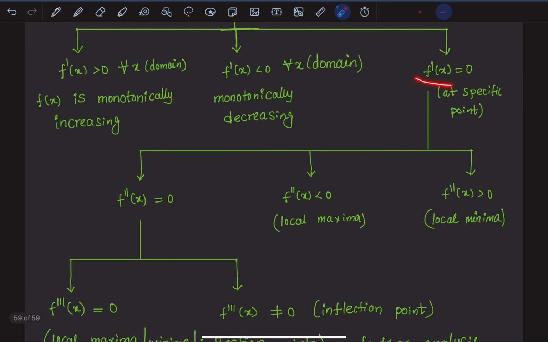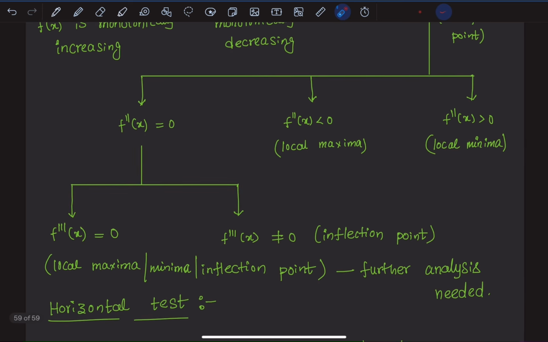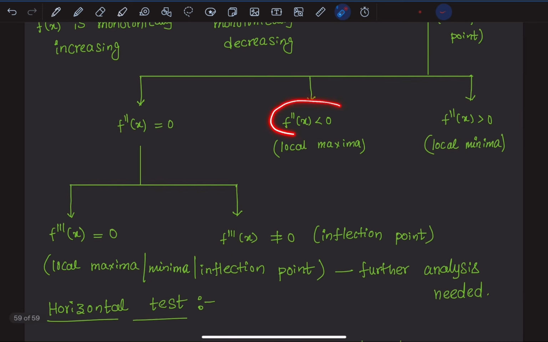So when the first derivative is equal to 0 at a specific point of a function, we have these three cases for the second derivative. When the second derivative is less than 0, the function has a local maxima at that particular point. And when the second derivative is greater than 0, the function has a local minima at that particular point.